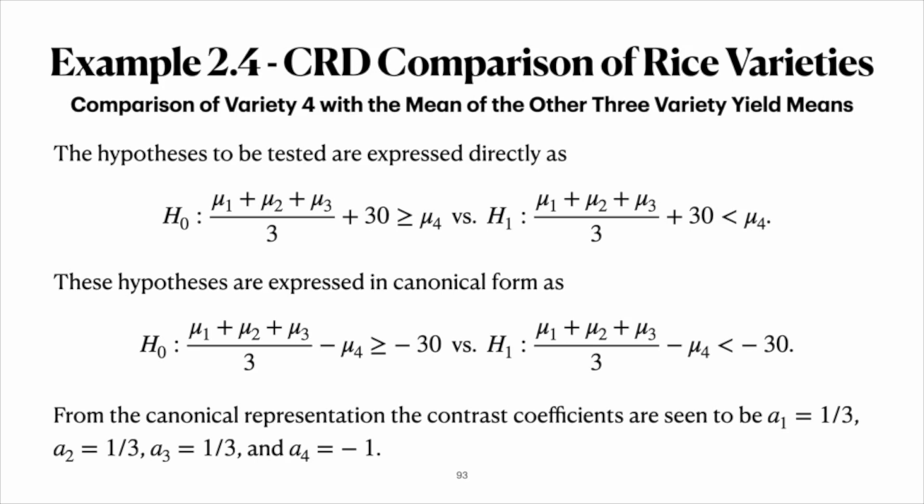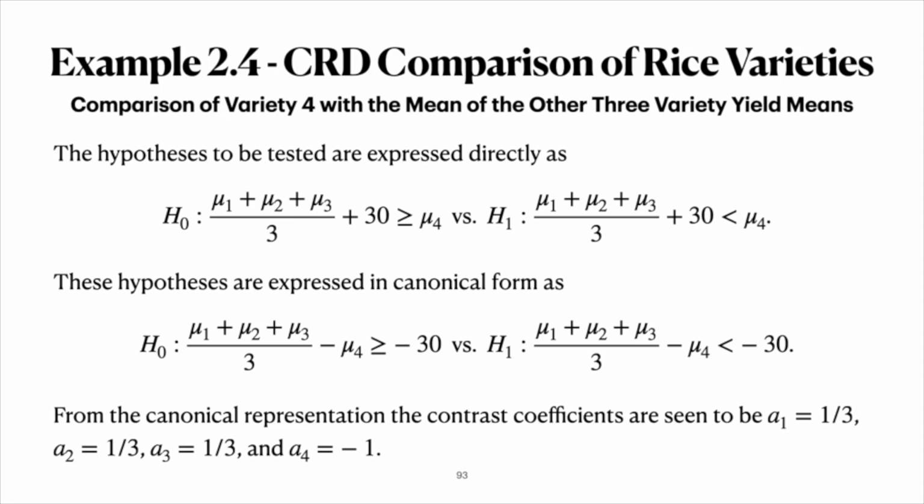Expressed notationally, it would look like this. So again, we're looking at the alternative hypothesis for the moment. The alternative hypothesis here says that the arithmetic mean of the mean yields of varieties 1, 2, and 3 plus 30 is less than mu4.